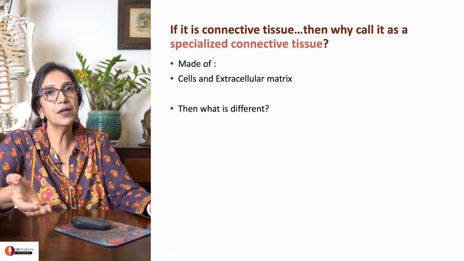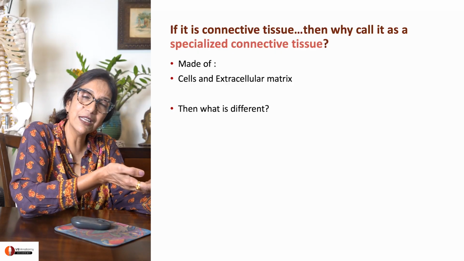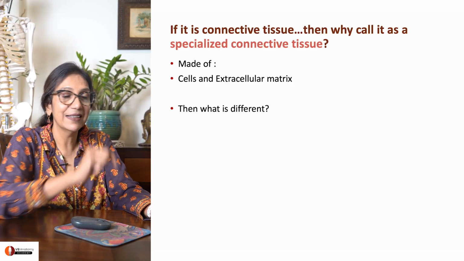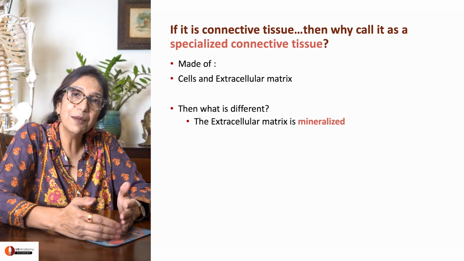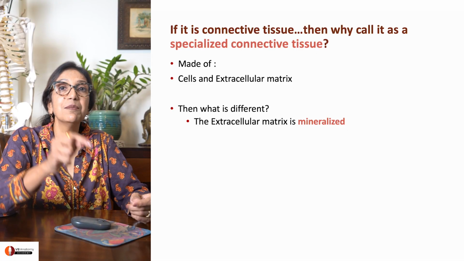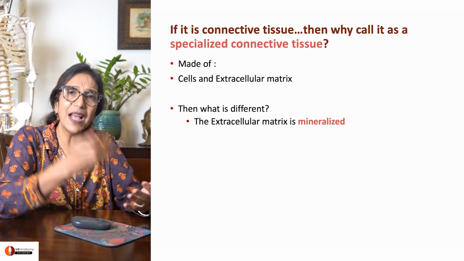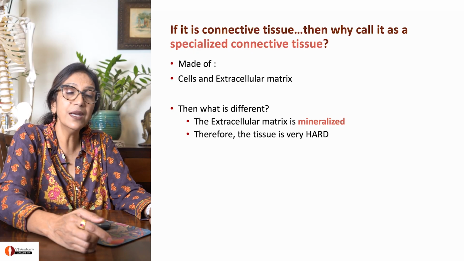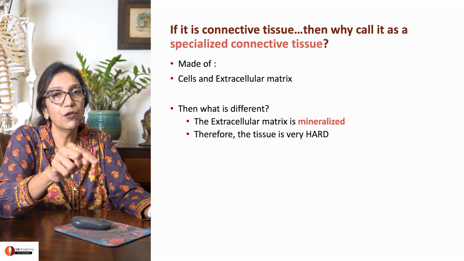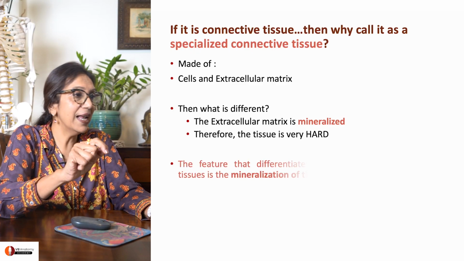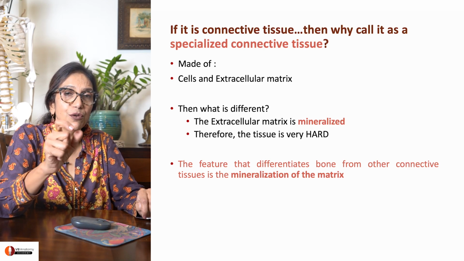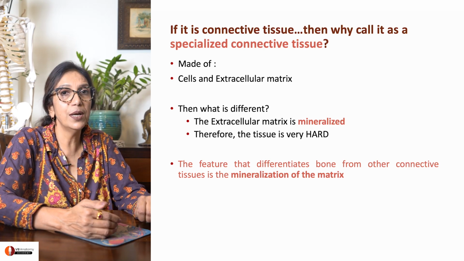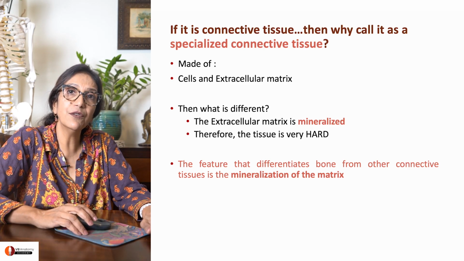Bone also has cells and extracellular matrix, but the extracellular matrix in bone is mineralized. There is deposition of calcium and so many other minerals, and that is what is unique, making this connective tissue very hard. That is the unique feature of bone, making us call it a specialized connective tissue.